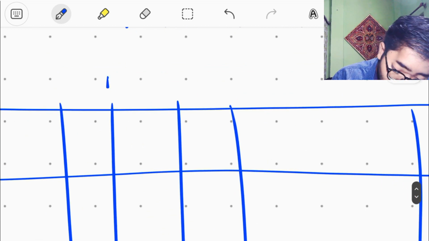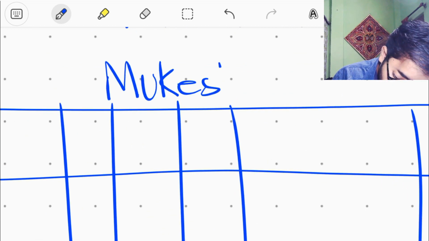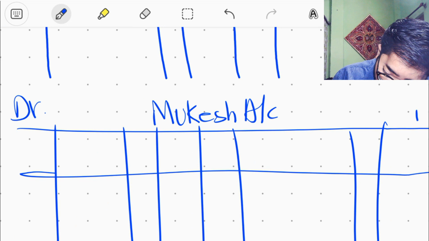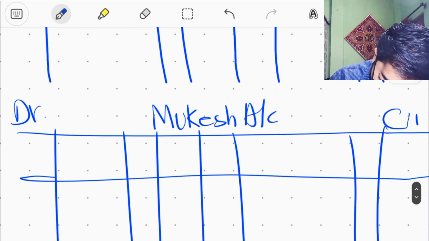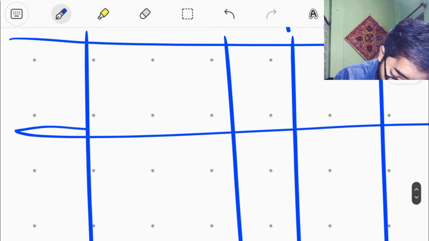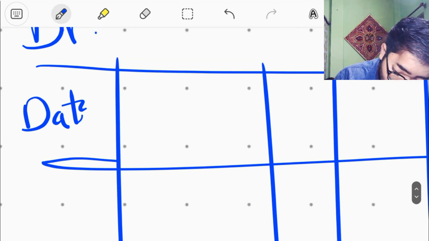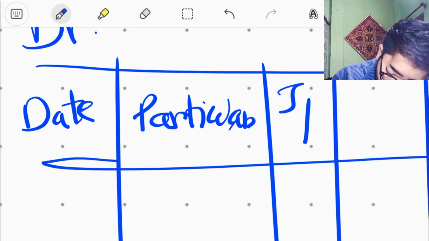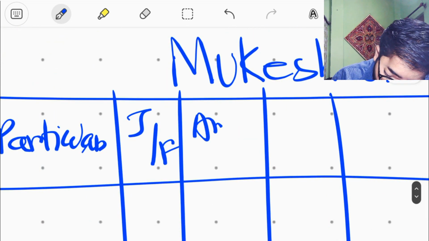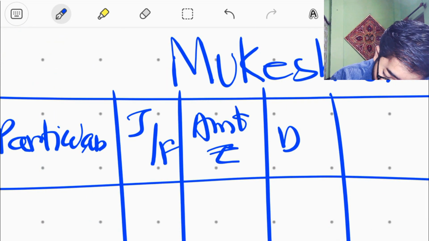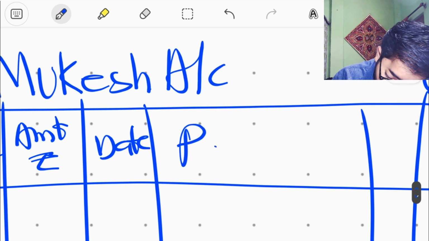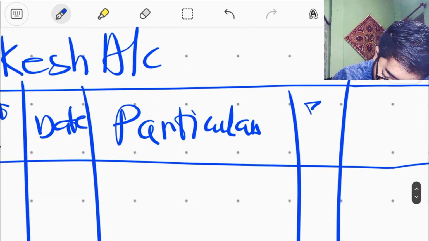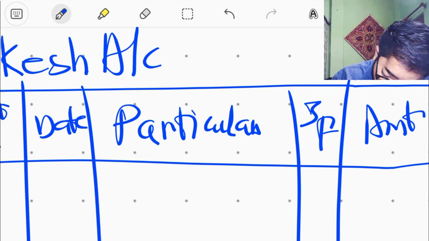So this is our Mukesh account. Debit, credit, date, particulars, journal folio, amount rupees, date, particulars, journal folio, amount rupees.